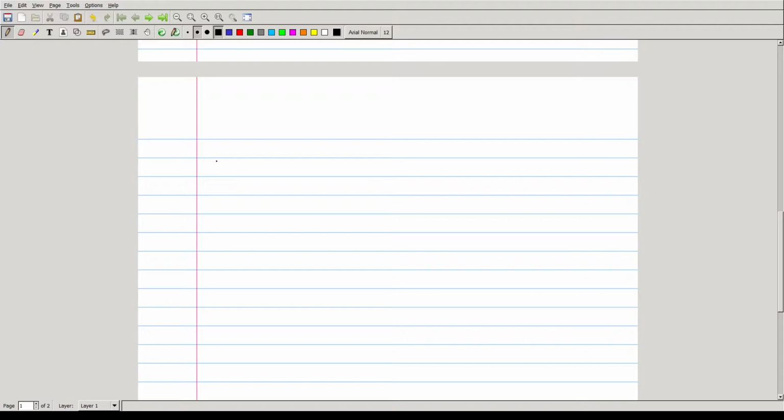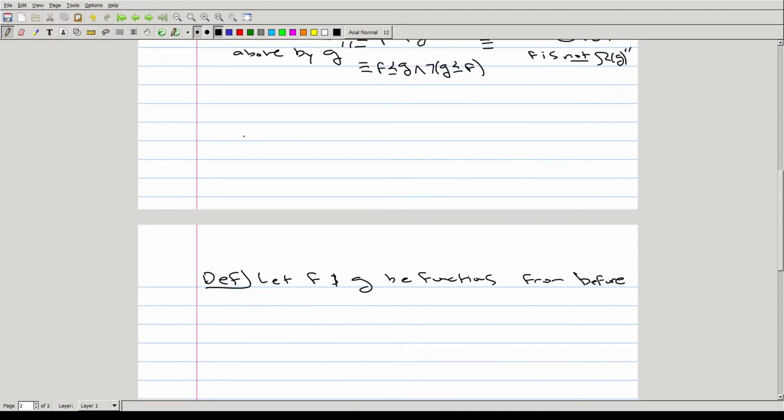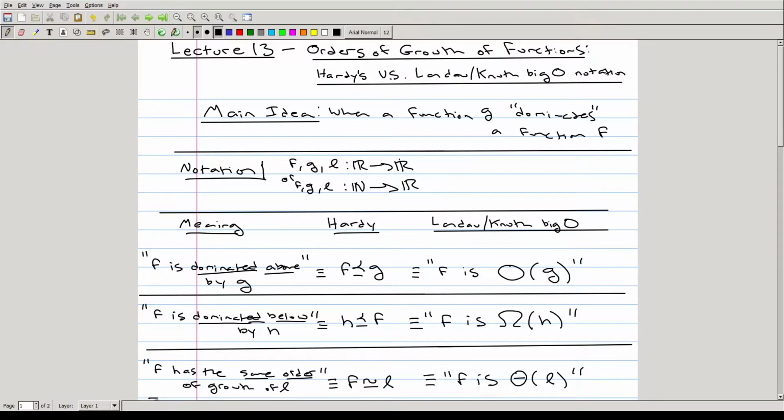And let's go through and define exactly what we mean. So let f and g be functions from before, so either from the real numbers into the real numbers, or the integers, or the natural numbers into the real numbers.